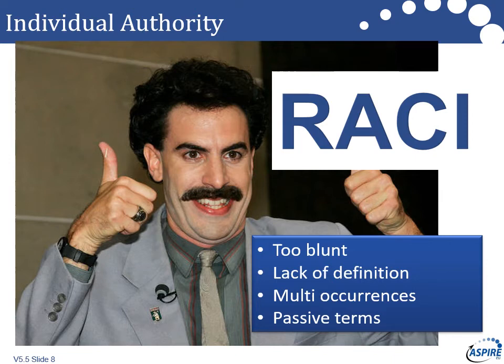Some people want one thing, some people want the other. They're being consulted, but being consulted doesn't infer we're going to do what you say. And it doesn't infer a level of authority or knowledge either. And inform is just you're going to tell them. The other thing that we found with these is that these terms are quite passive themselves, so they don't necessarily infer action. And really you need action-orientated terms.